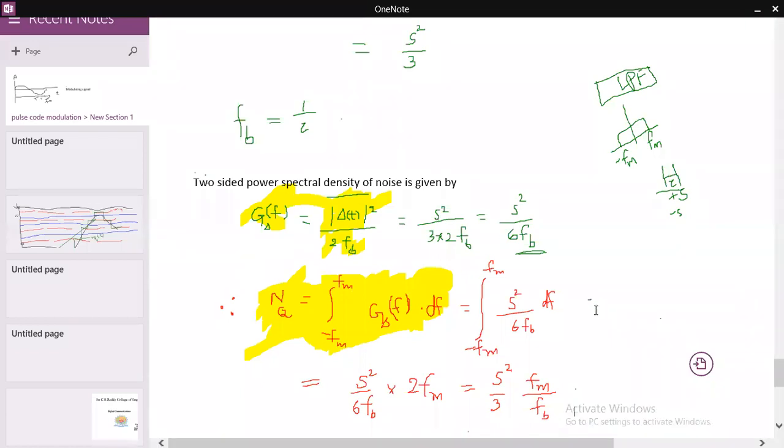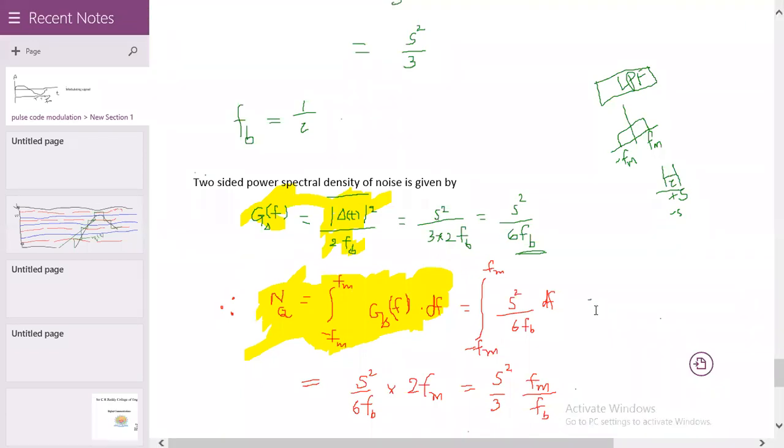After solving, you get this one. Yes, ma'am. S square by 3 into Fm by Fb.